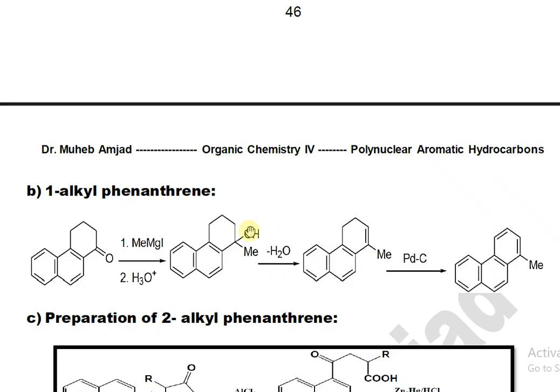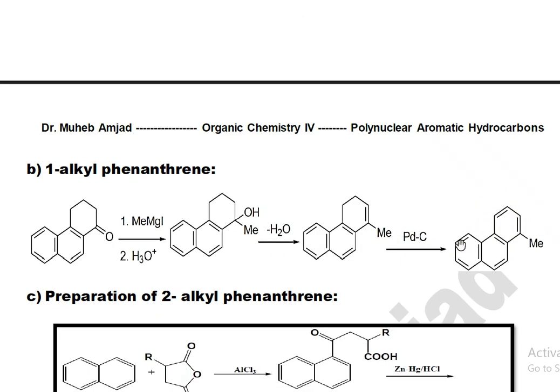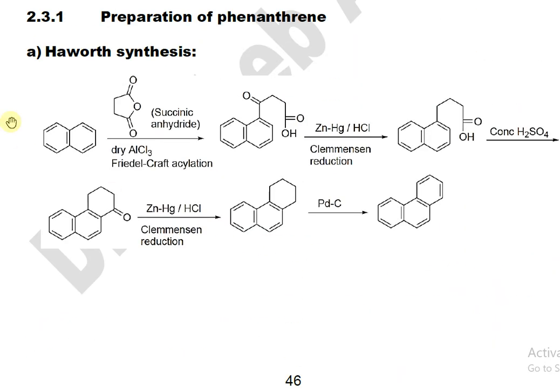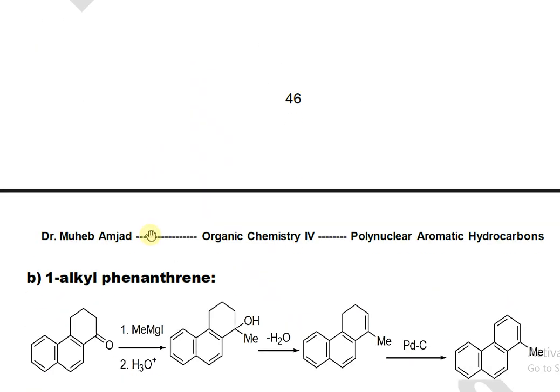It will give you a carbinol, then the carbinol undergoes elimination, then oxidation, removing hydrogen, aromatization to give the aromatic system here. So if I want a substituted phenanthrene, I will start from naphthalene, go to this step, and this step reacts with the Grignard reagent to add a methyl group in this position.